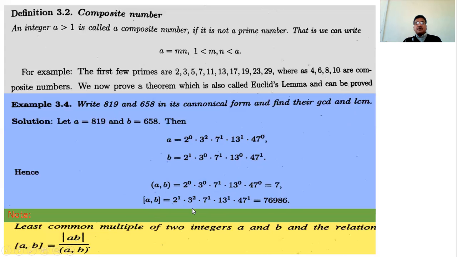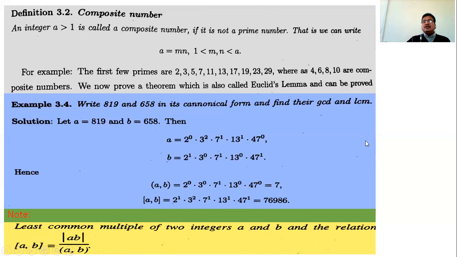Or we can use this formula: LCM of a and b is equal to mod a into b, that is mod 819 into 658, mod gives the positive sign only, divided by the greatest common divisor, divided by 7. We get this answer. So this is the greatest common divisor and LCM of the two numbers.